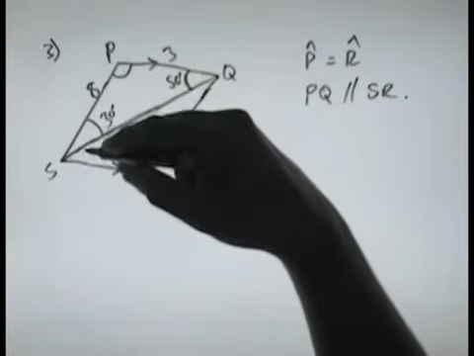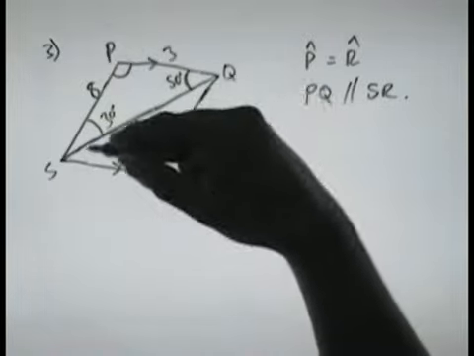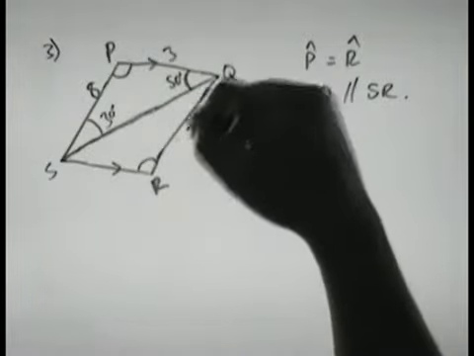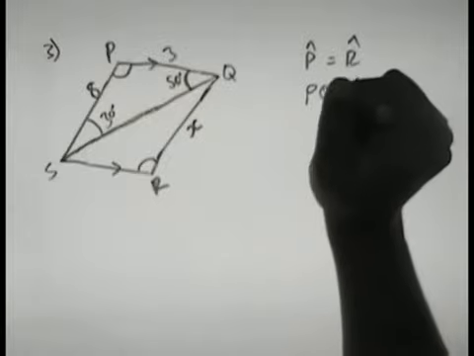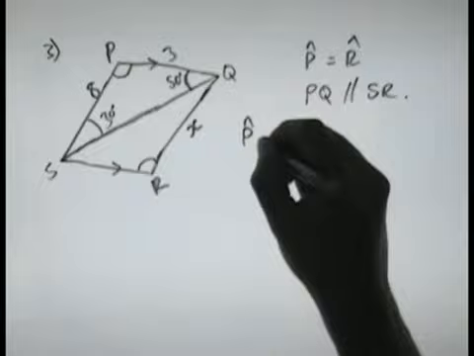Doing that and using that angle over there, which I'll show you we do actually have, can give us side X.